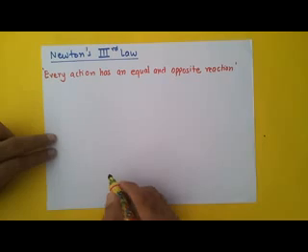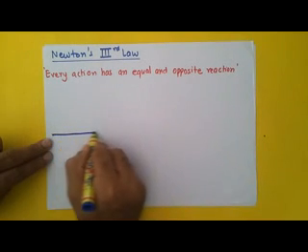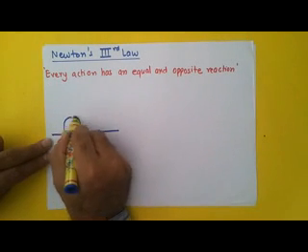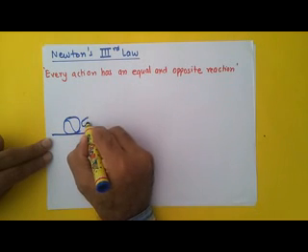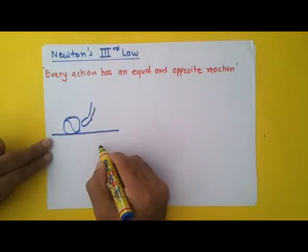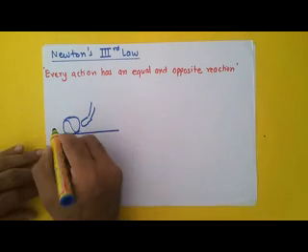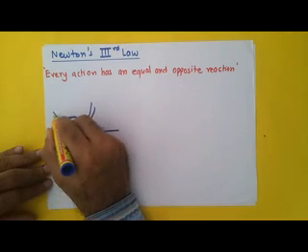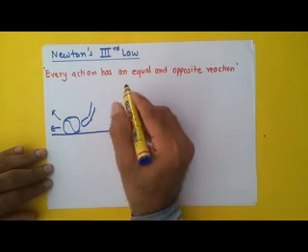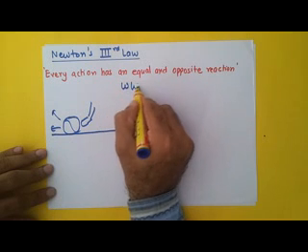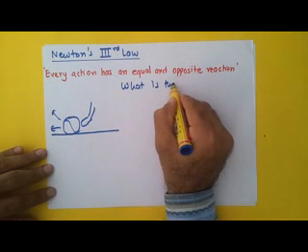Let me begin with a very simple example. Let us say this is a playground, right? And let us say this is a football, and this is a footballer kicking the football. This is the foot of the footballer. He kicks the football. The ball starts moving along the ground or starts flying off. The question we have is, what is the action?